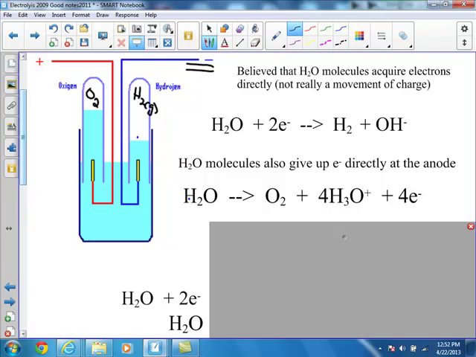What's the balanced equation for taking water apart? You have H2 plus O2, but what's the balanced equation? 2 H2. There's twice as much of this as there is oxygen, which is what will happen. Gas-wise, you'll get twice as much hydrogen as you will oxygen out of this.